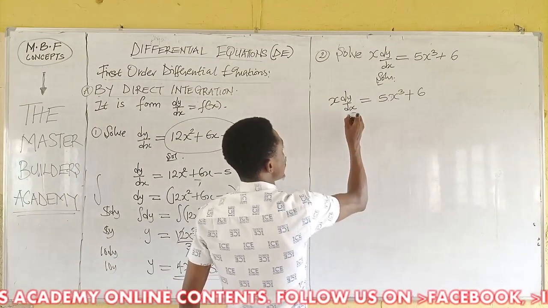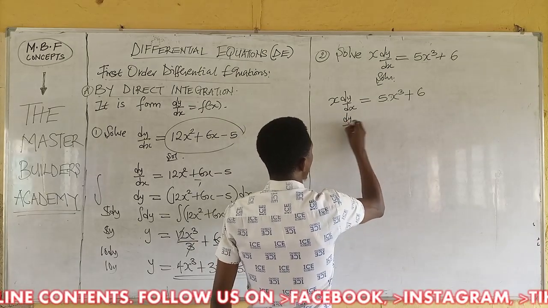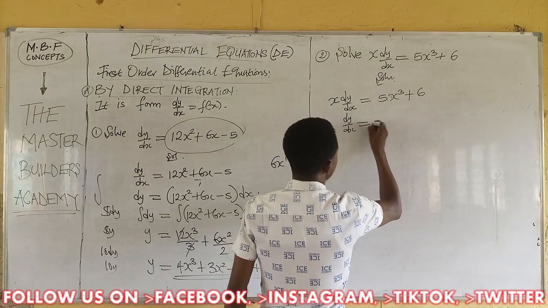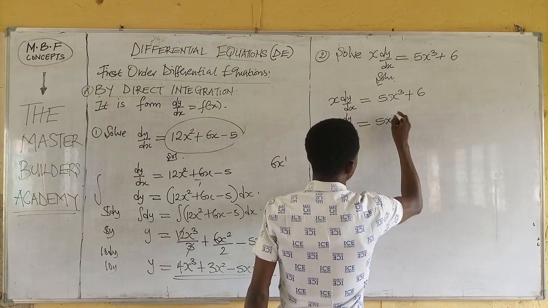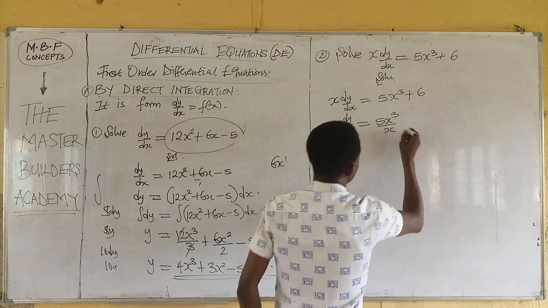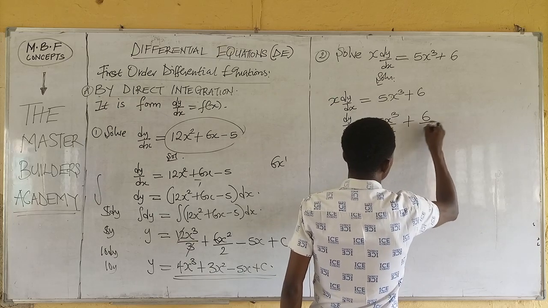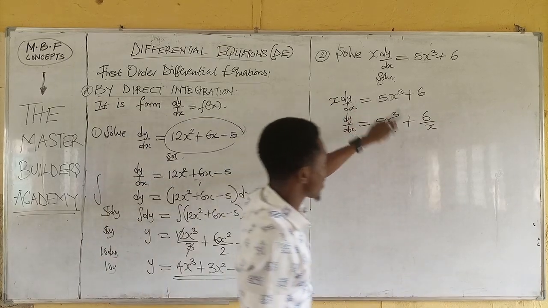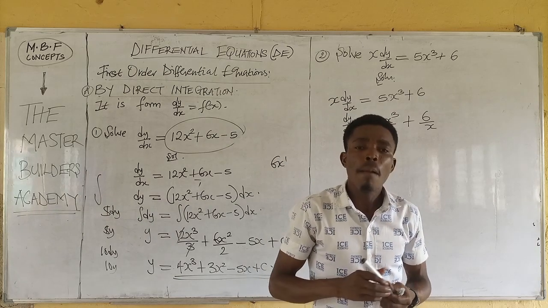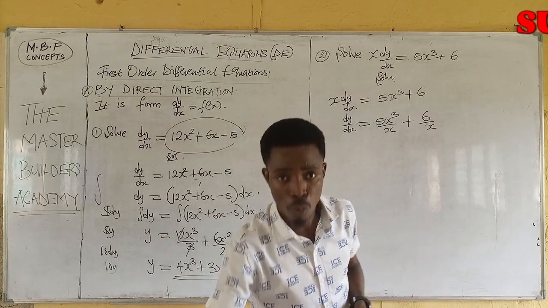So when we divide both sides by x, we're going to have dy over dx is equal to 5x raised to power 3 over x plus 6 over x. So we just divided both the left hand side and the right hand side by the coefficient of dy over dx.